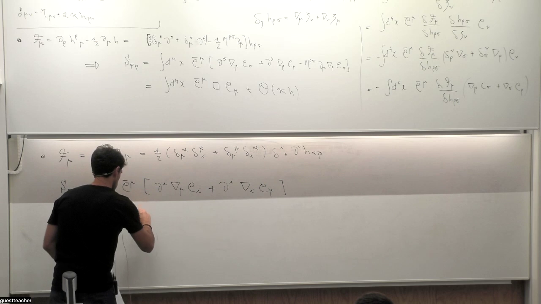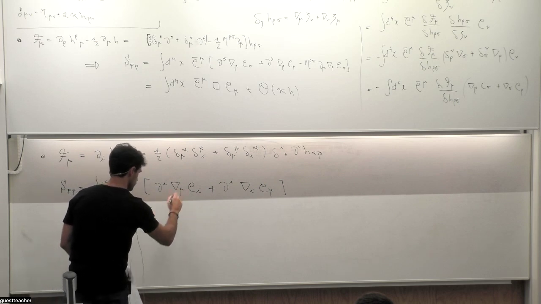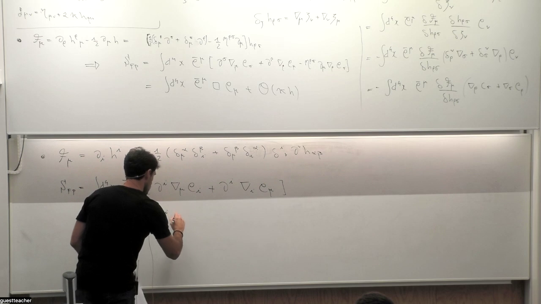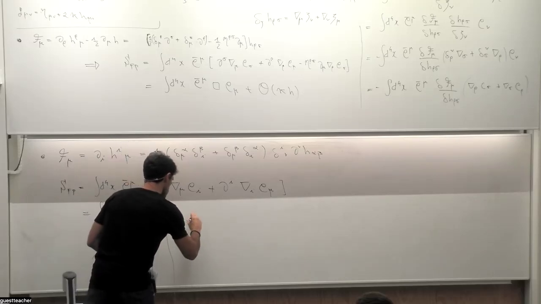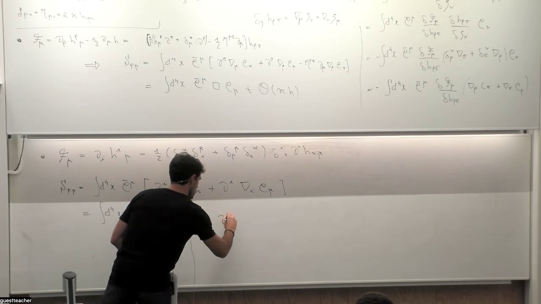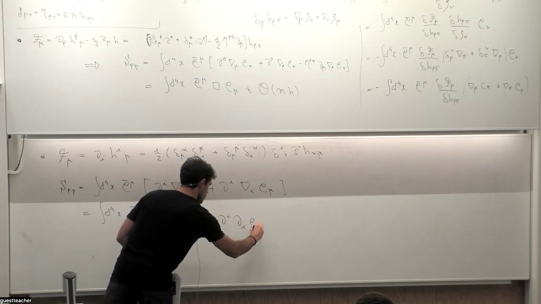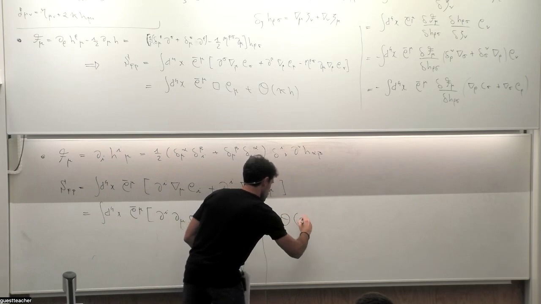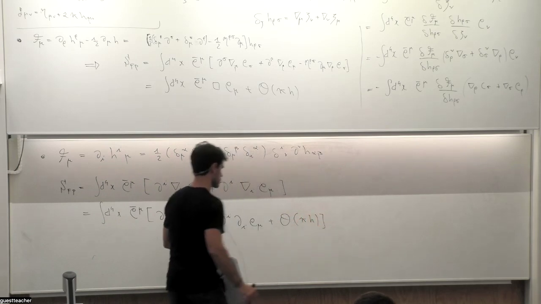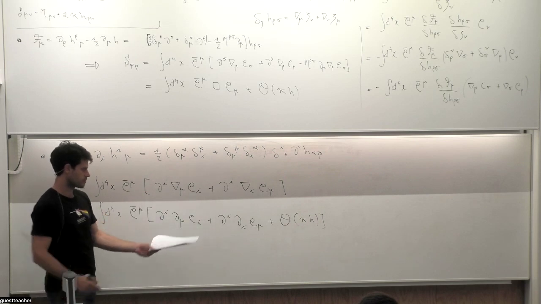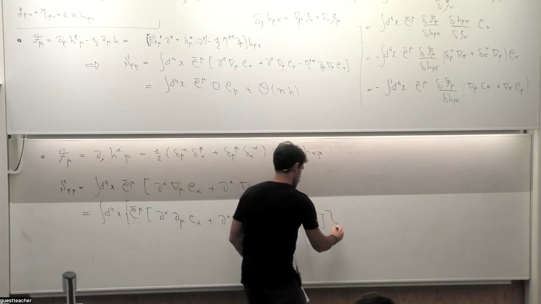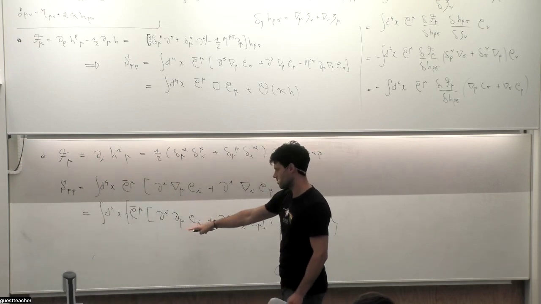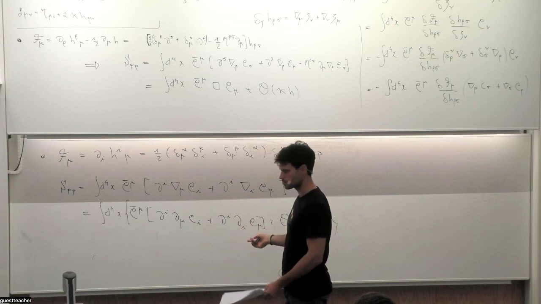If you do that, you will get the following: this object here plus this object here plus interaction with H. So let's write kinetic plus interaction like this. There will be a kinetic term of this type that looks messy, but that's what it is.